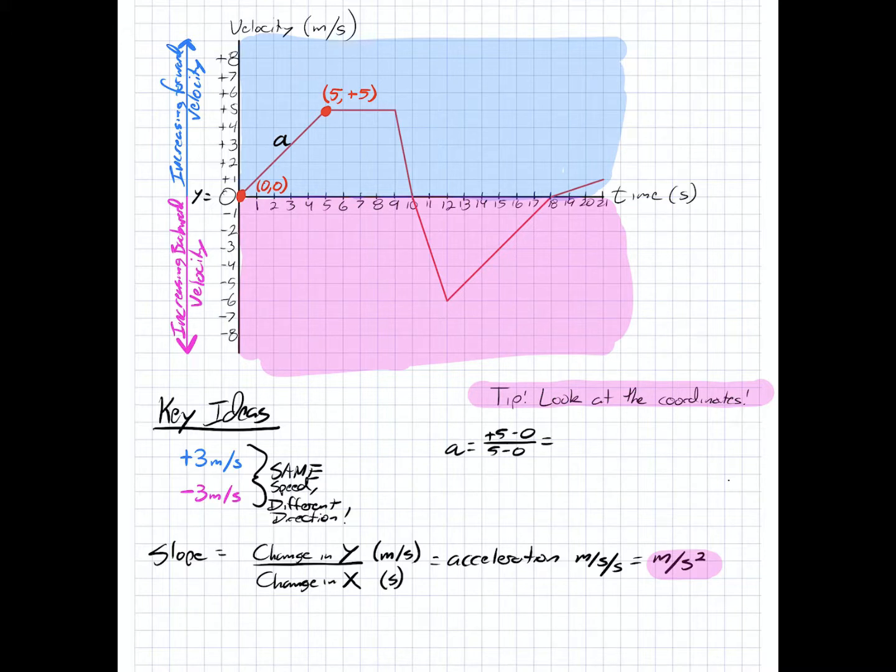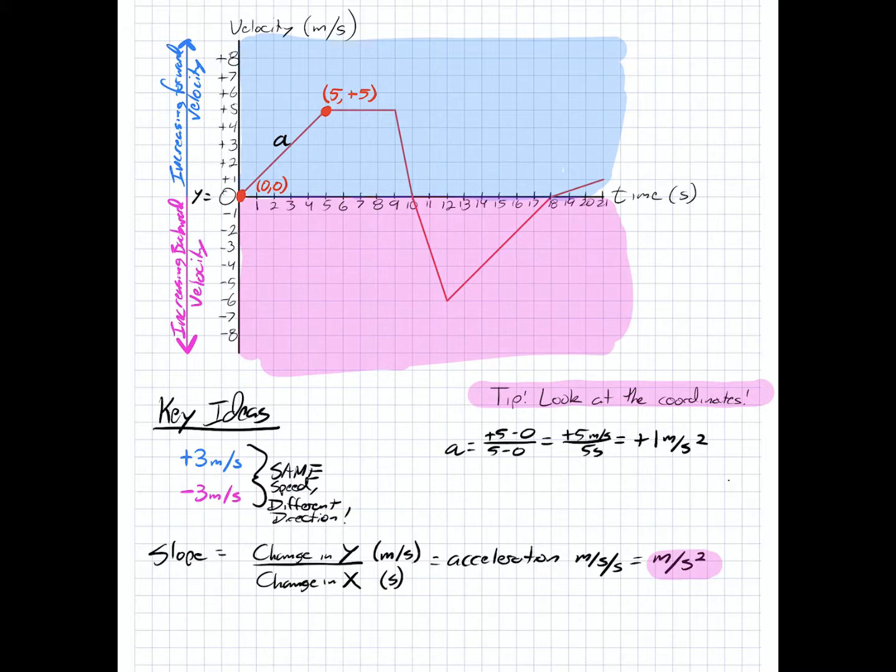So we see that we have plus 5 meters per second over 5 seconds, which gives us a positive 1 meter per second squared. So on segment A, our acceleration is 1 meter per second squared.